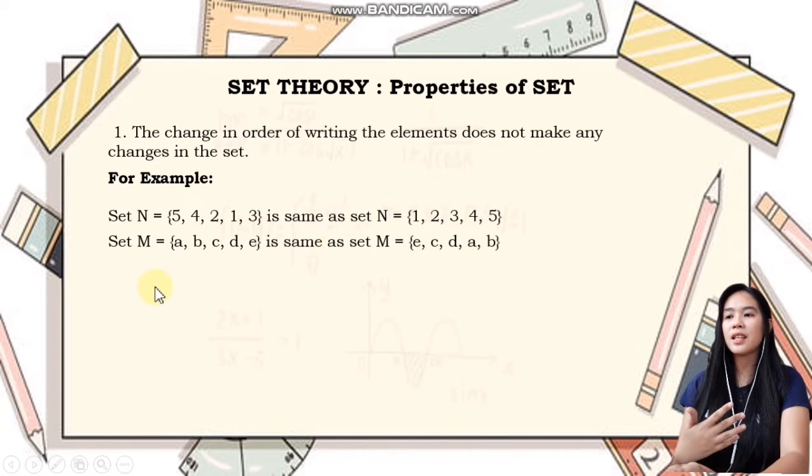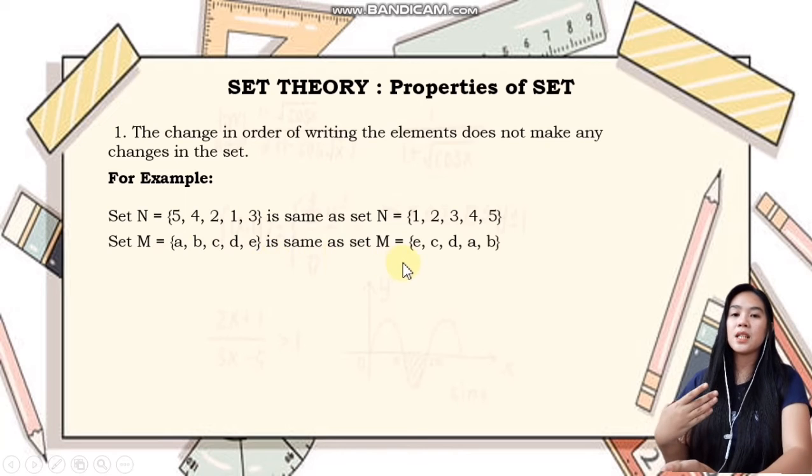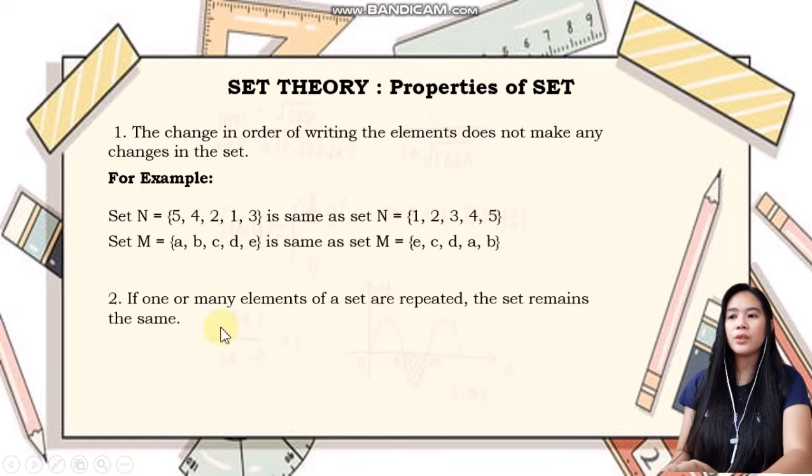Another example is set M is equal to {A, B, C, D, E}, which is the same as set M is equal to {E, C, D, A, B}. So now, the second property of a set is if one or many elements of a set are repeated, the set remains the same. So ayan, kapag na-repeat ang ating elements of a set, the set remains the same.